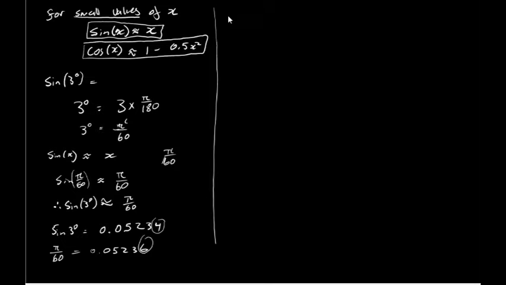Part B, so show that the root of the equation cos x take 1/2 x squared equals 0 lies for x values between 0 and 0.4.